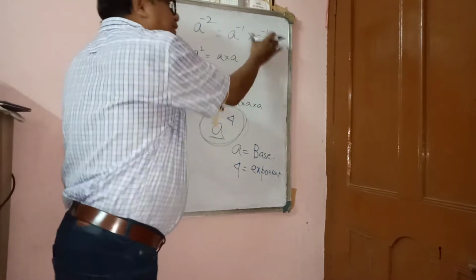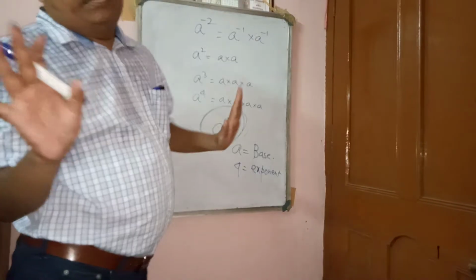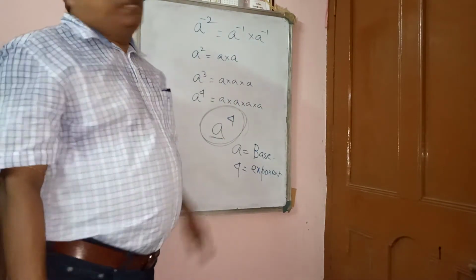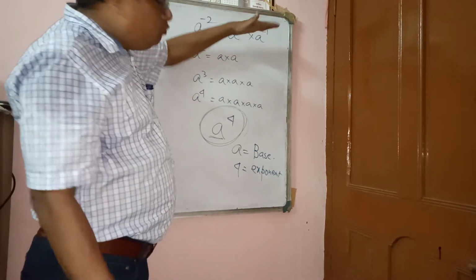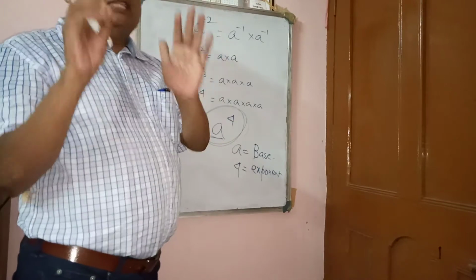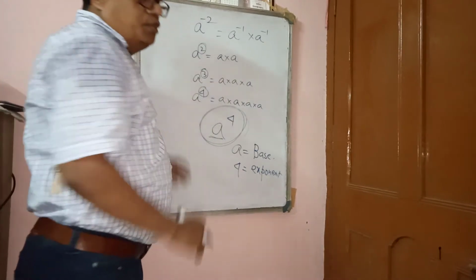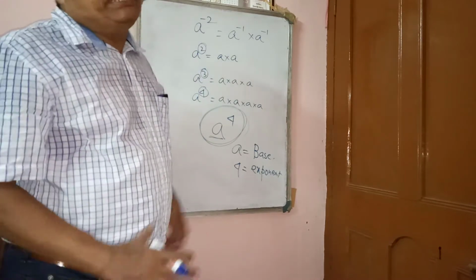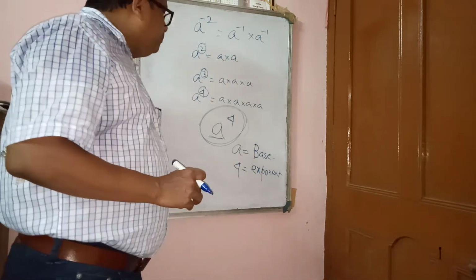We can write a to the minus 1 into a to the minus 1, but we don't say minus 1 times. This means other things. So when we explain exponent, this should be a positive integer. Understood?